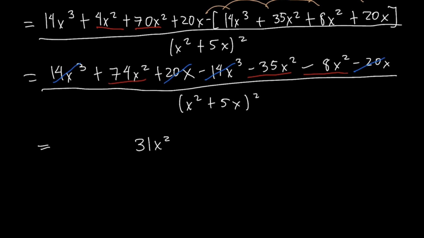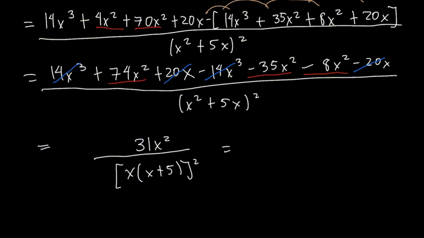31x squared all over. So here we can factor out the x times x plus 5 quantity squared.